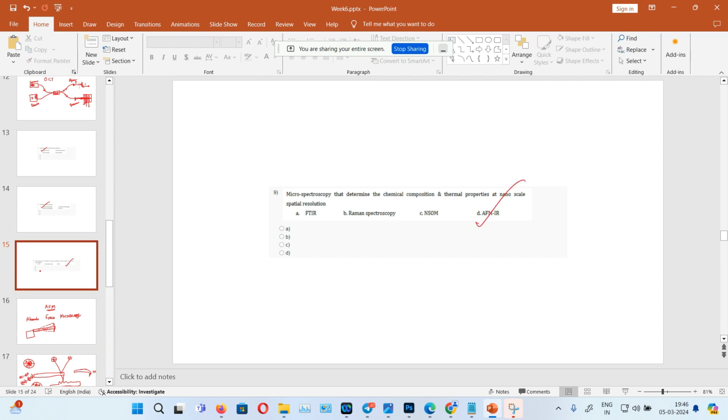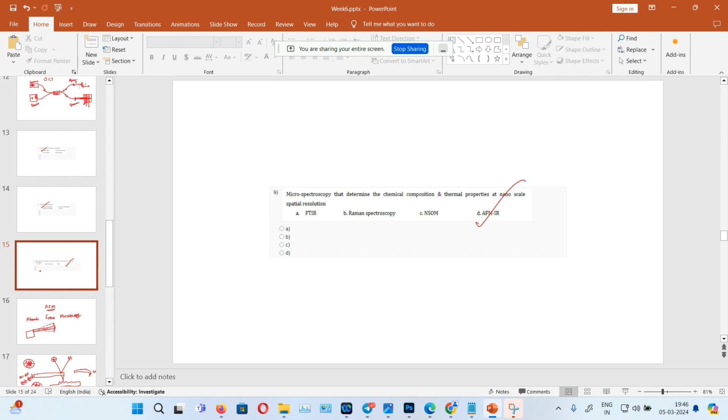It will give nanoscale spatial resolution, and it can also detect the composition. How can the composition be detected? If you are using a particular wavelength, we can see that the wavelength is absorbed by that particular compound at that region by seeing the AFM tip's deflection, and we can check that particular space in a more resolved manner and understand the chemical composition of that region.